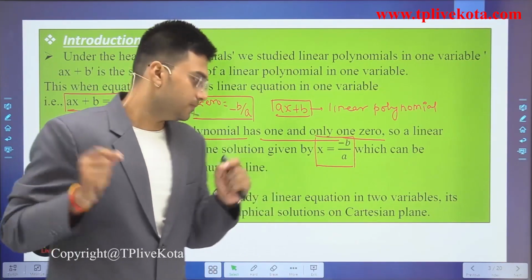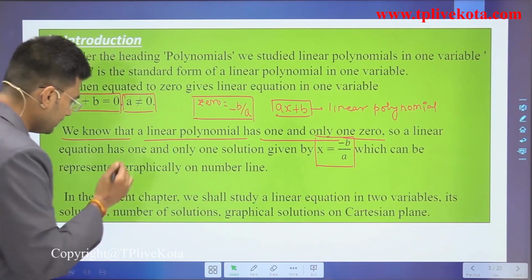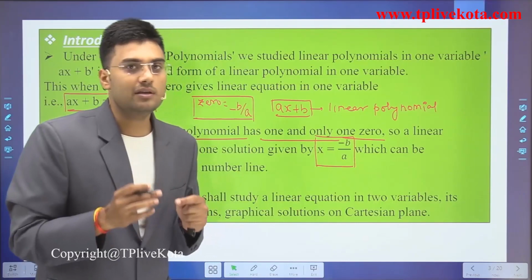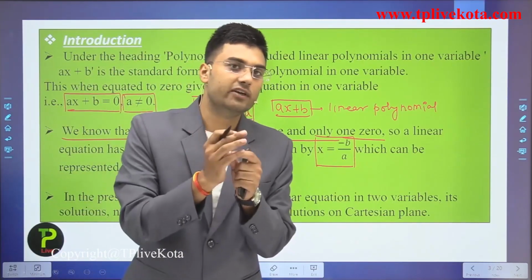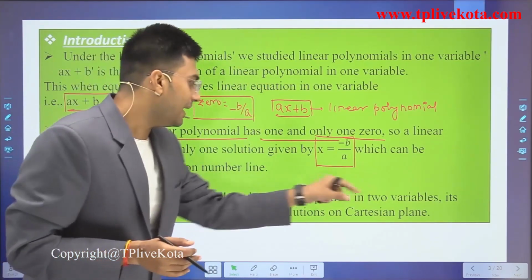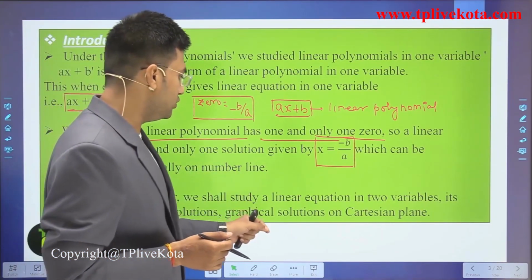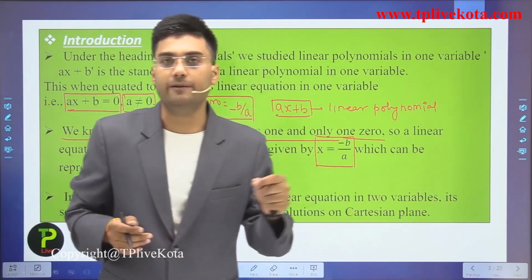Clear? Now in this chapter we shall study linear equations in two variables. We will discuss linear equations in two variables and their solution, number of solutions, and graphical solution on the Cartesian plane.